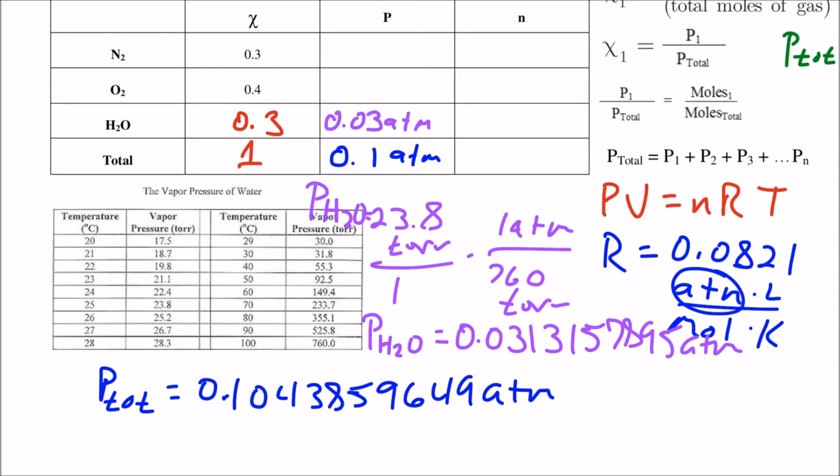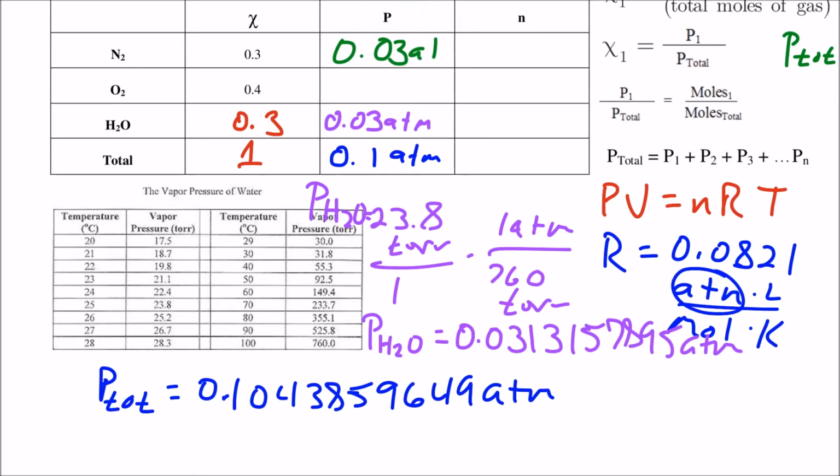If you take the mole fraction of 0.3 and multiply it by the total pressure, you'll get this big long number here. That means nitrogen's going to have the exact same number, okay? So we can put 0.03 atmospheres there for nitrogen, okay?